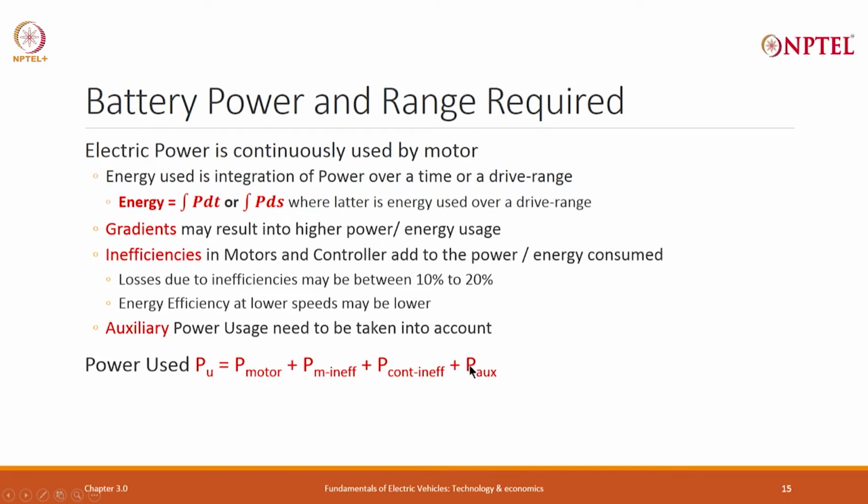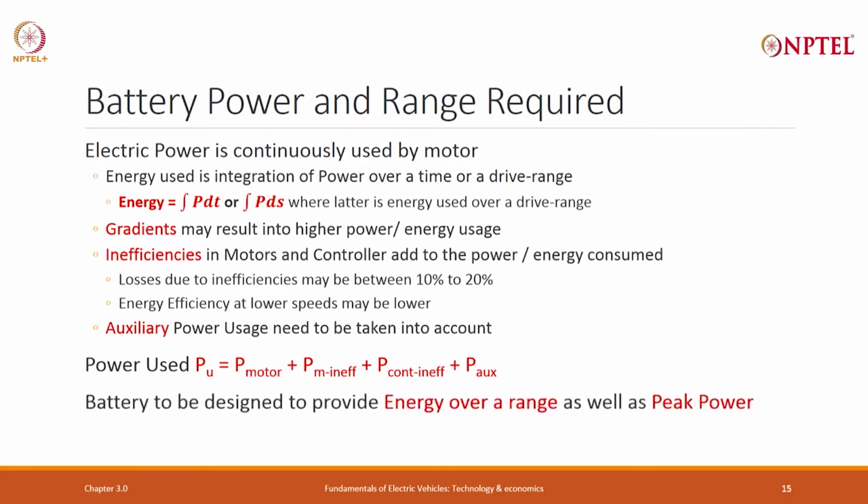They are not all losses, auxiliary power is not a loss, but the power used will include the auxiliary power. That is what you have to do to compute the range that a battery will give you. The battery is designed to provide energy over a range as well as peak power. So, you have to take the total power used to give you the real range you will get.